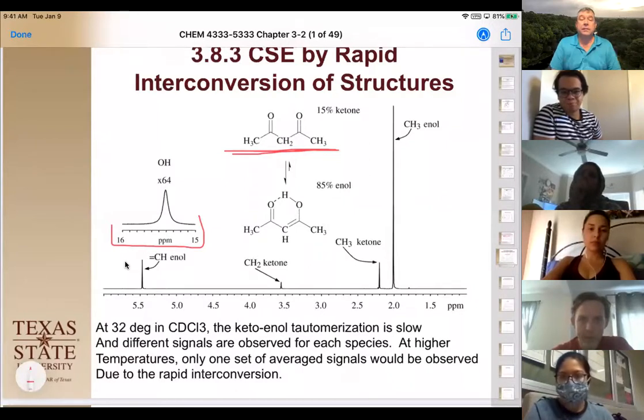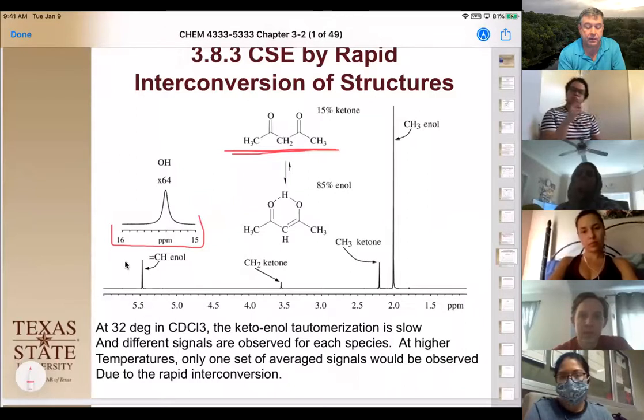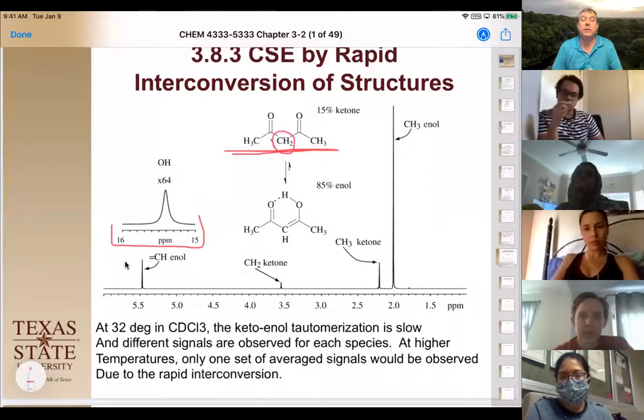And because it's kind of held in that hydrogen bonding, it's slightly broad. And in fact, there are no hydrogens near there to have it split or not split. So we're not seeing that. Now, the group here also is going to be, number one, shifted because it has two electron withdrawing groups. And those should be equivalent to each other.